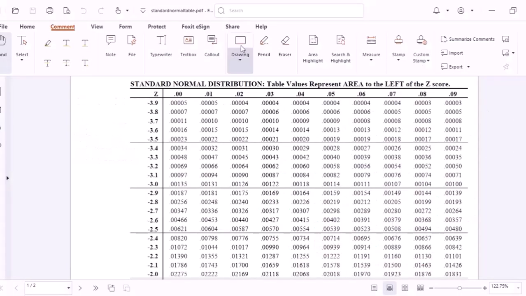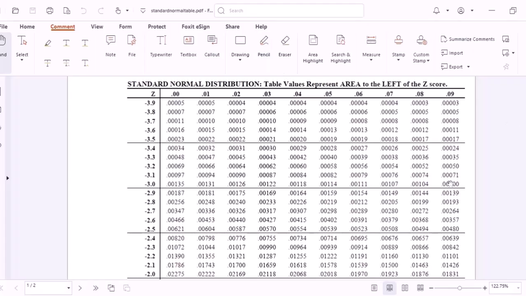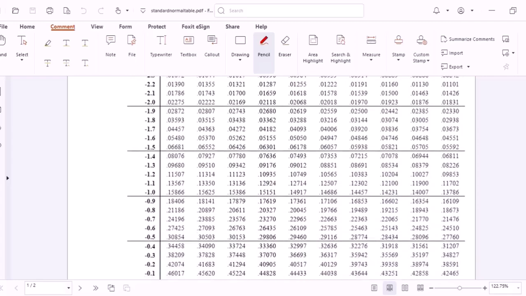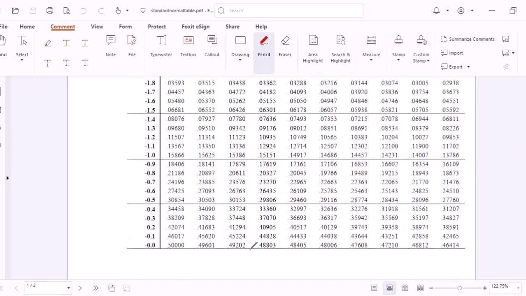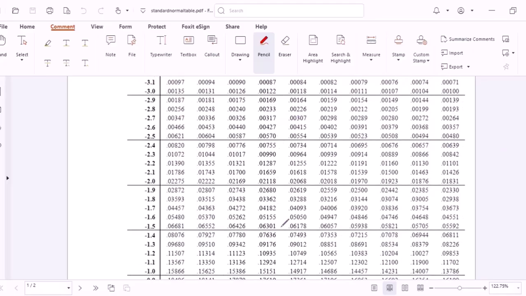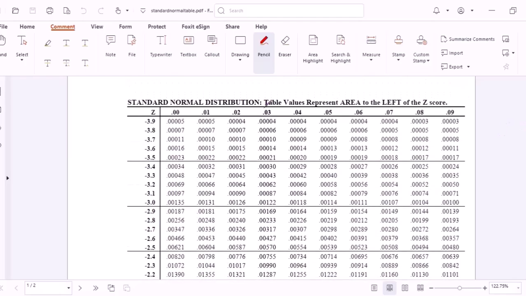So this is the table. Let me first find the value 0.6378. You can see that these are all the smaller values. We have to find those values from here. These are the values, while these are the values of z which correspond with them. These are the digits after the decimal, and these are before the decimal.